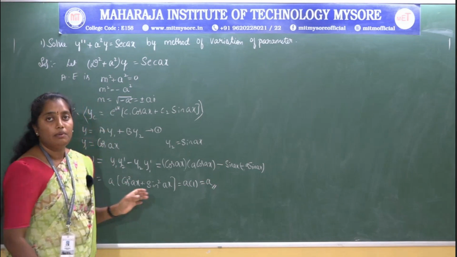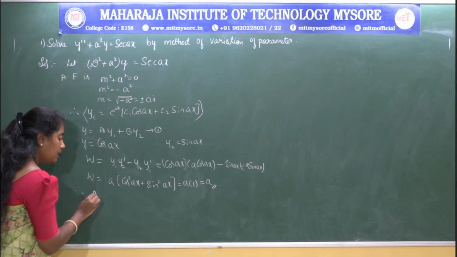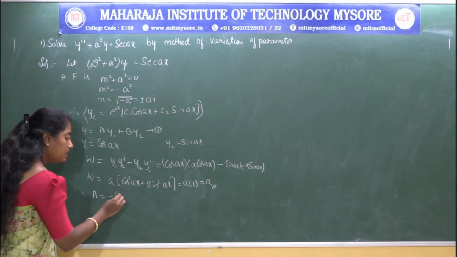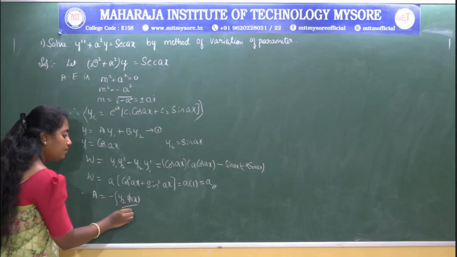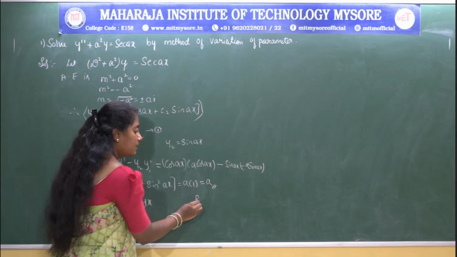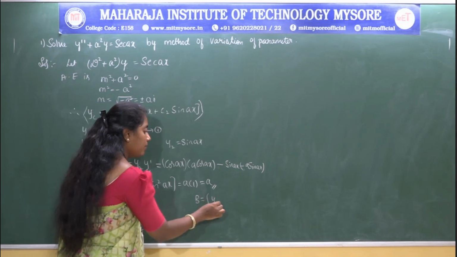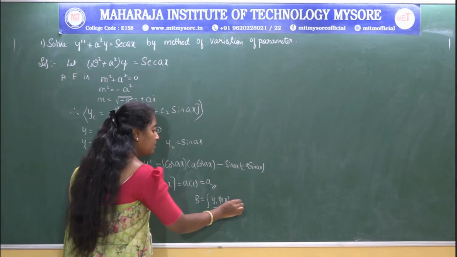So the value of w is equal to a. Now to find the value of a, the formula is minus integration of y2 into phi of x by w with respect to x, and the value of b is equal to integration of y1 phi of x by w with respect to x.